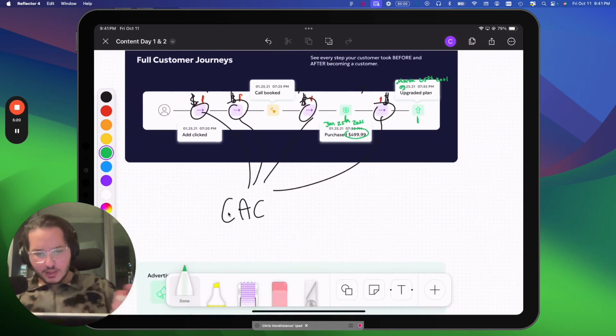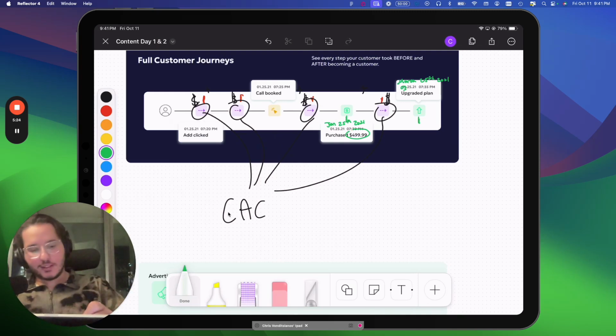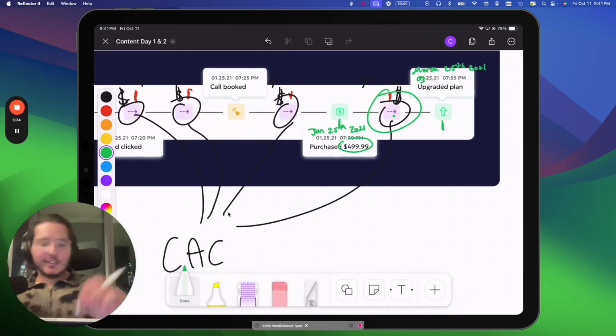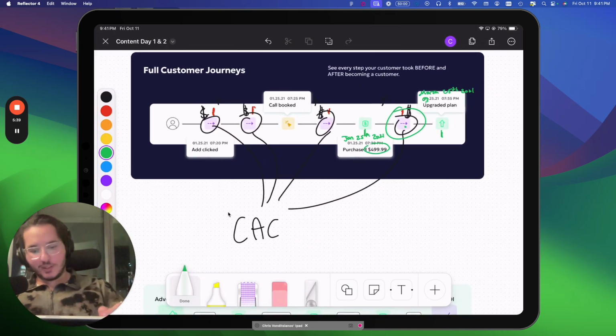Let's hope that this one is an email, so it doesn't actually cost you extra. This one here is an email, but it might not be. So let's just assume that it isn't, because you technically have to bring that into your cost of acquisition. And that's annoying that it's after the original purchase.